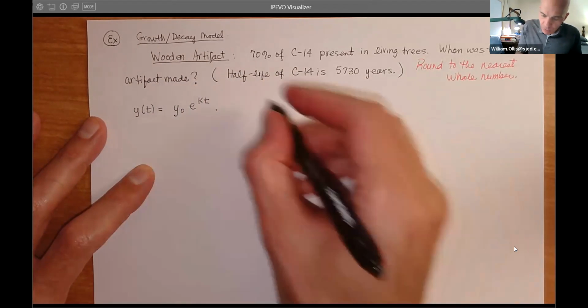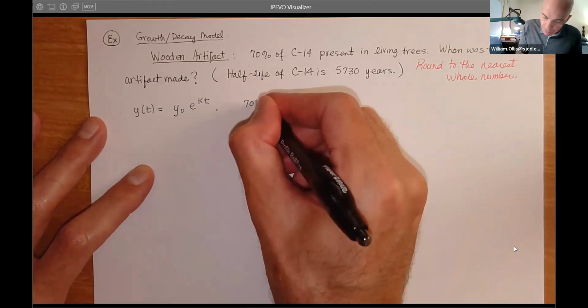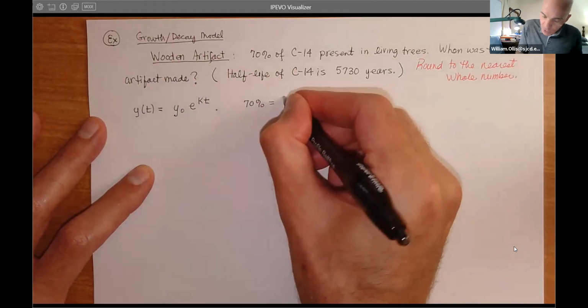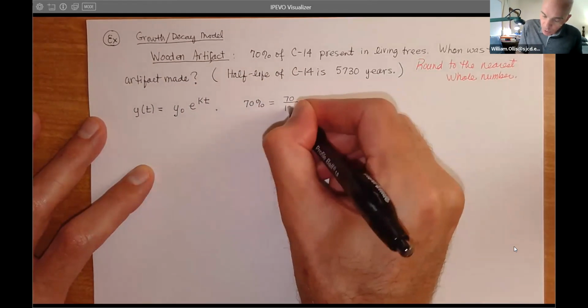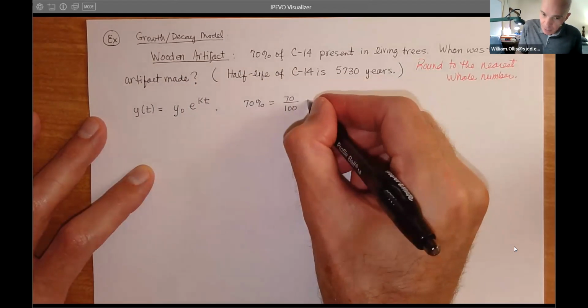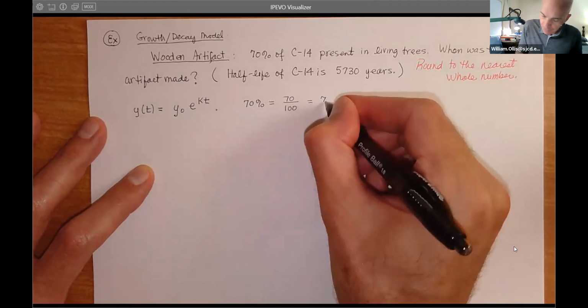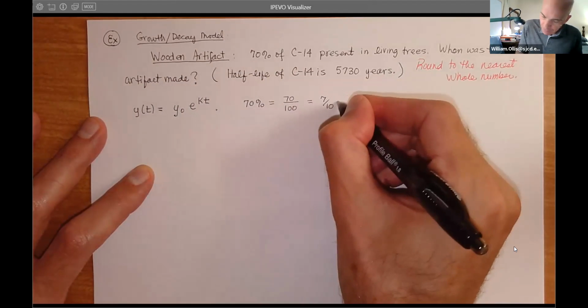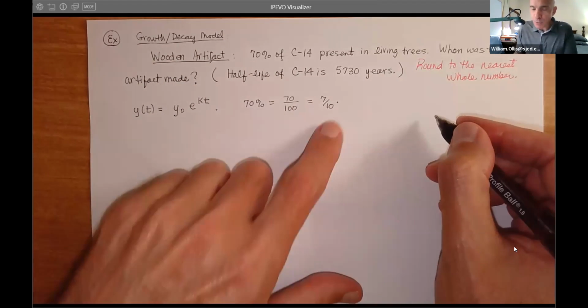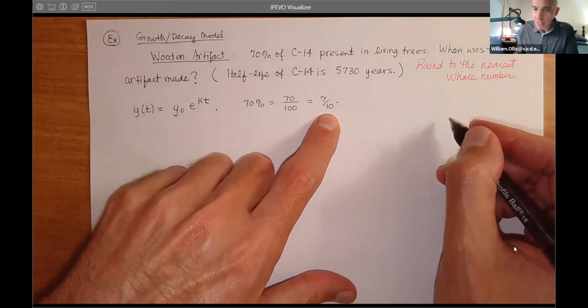And notice we've got 70%, which is 70 over 100, or 7/10. So that's the percentage of C14 that's left.